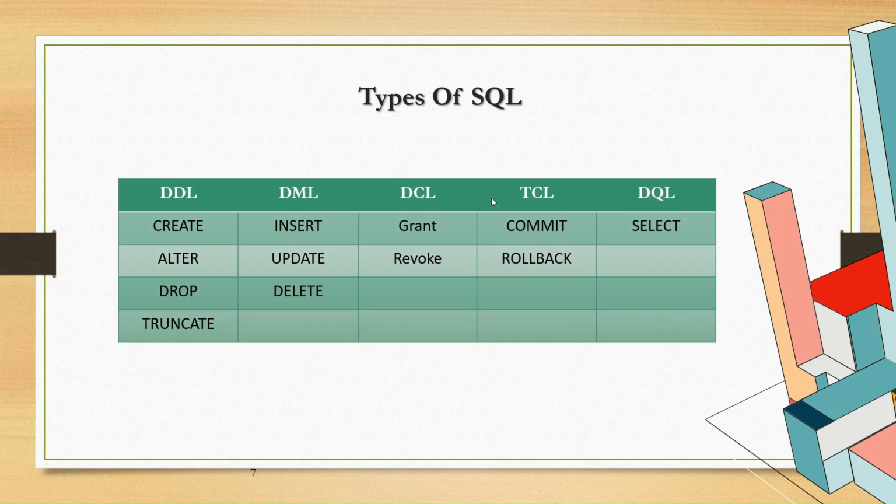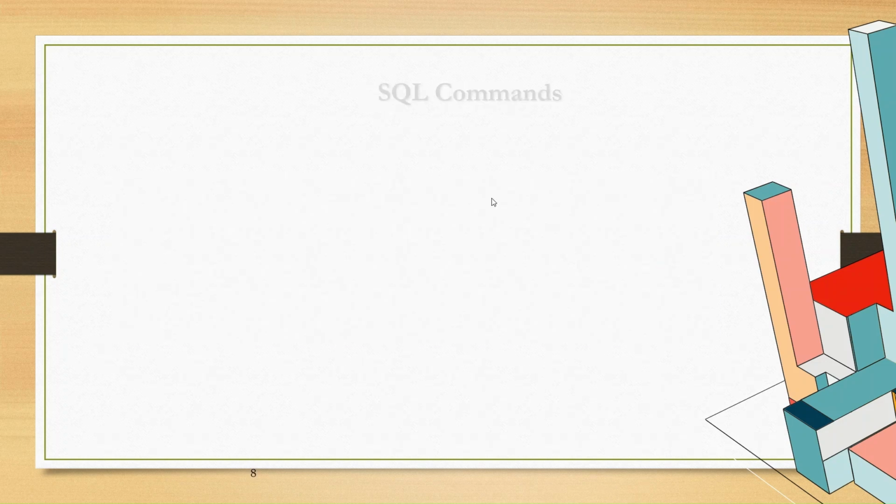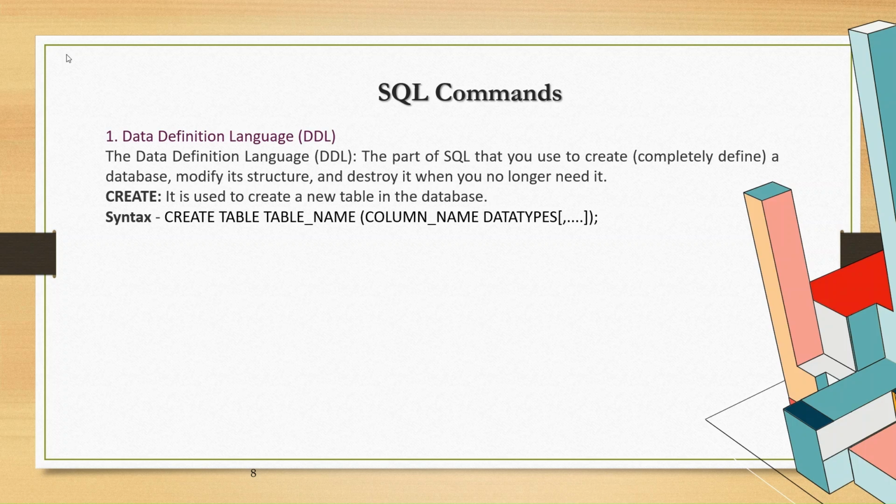Types of SQL: DDL, DML, DCL, TCL, and DQL. SQL commands: Data Definition Language (DDL). Under this, the create command. Create command is used to create a new table in the database.